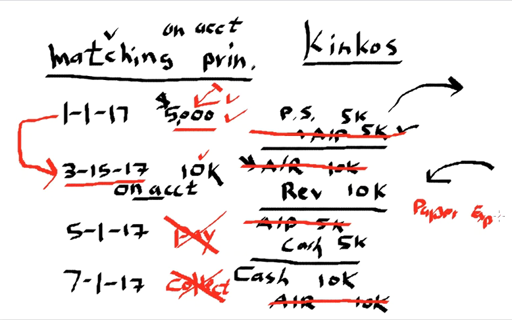Paper expense, we're going to have a debit of $5,000, and then a credit of paper supplies. And here's your credit for $5,000. Sorry, it's very messy. But this month is when you recognize paper expense.